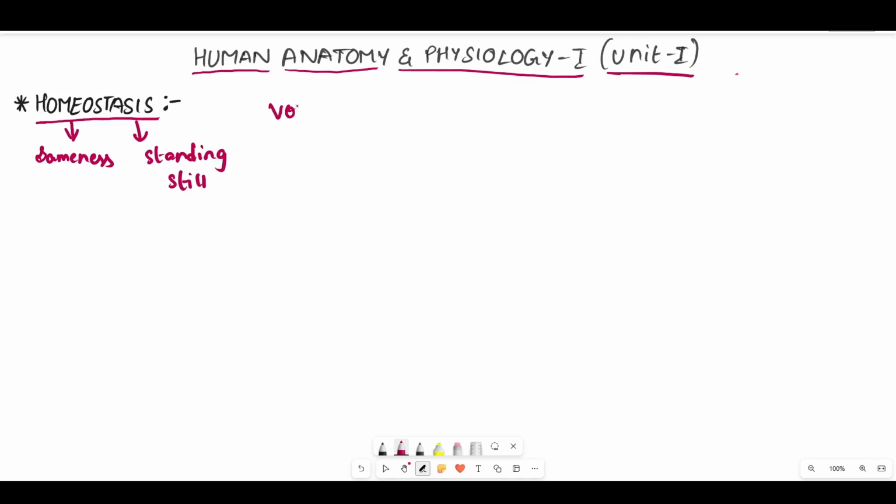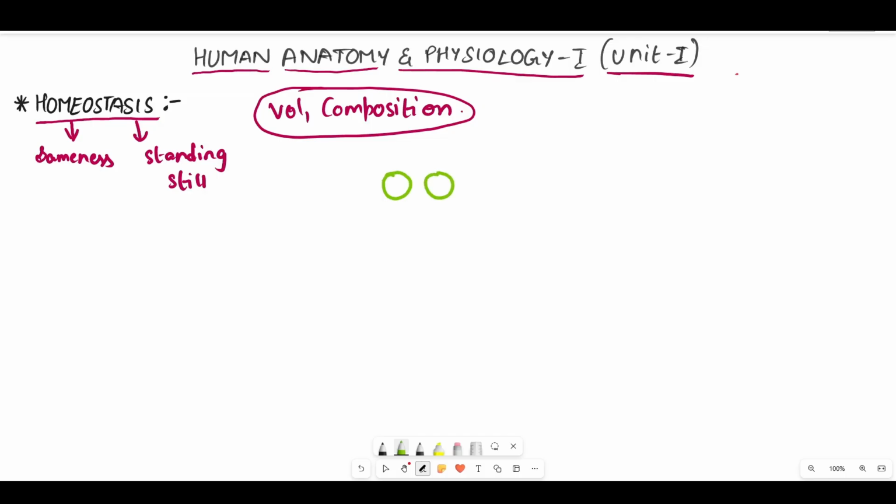The volume and the composition of body fluid will be maintained by this homeostasis. I said in the previous videos that a group of cells together constitute a tissue. These cells will be surrounded by some fluids.